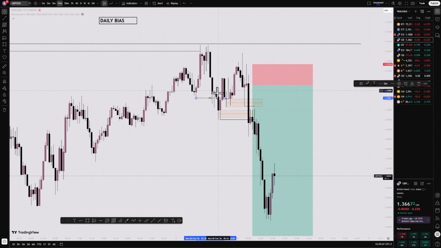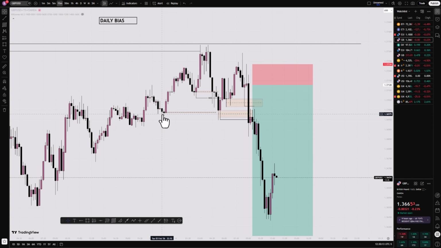And then this market structure shift did not give us a strong expansion, which sounds suspicious. Then price leaves us with what? With a breaker block here. Do you see it? There is a breaker block here, and also we have another breaker block here. Do you see? And price did not take out the second breaker block.